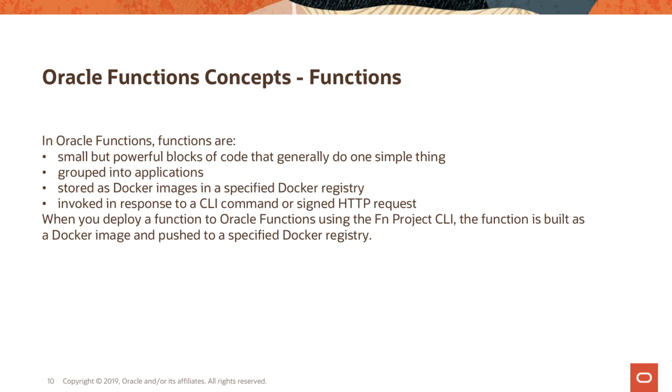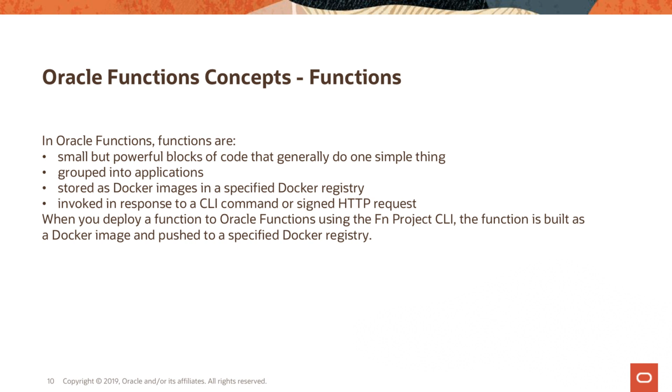So when you create a function, the definition of the function is stored as metadata in the Oracle Functions service. The definition is going to describe how the function is to be executed.